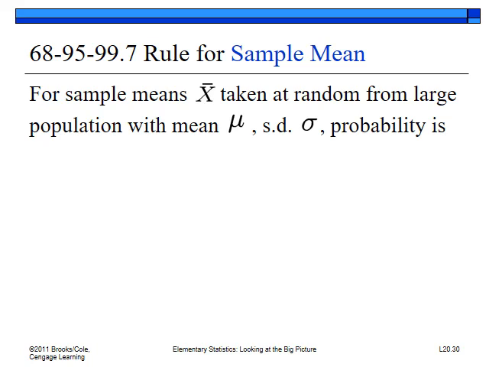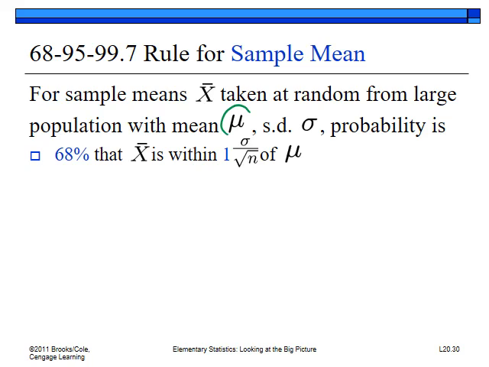So, if the population mean is mu, so again, that's coming out of the population, and the standard deviation is sigma, also coming out of the population, the 68, 95, 99.7 rule says that 68% of the time, our sample mean will be within 1 standard deviation for sample means.